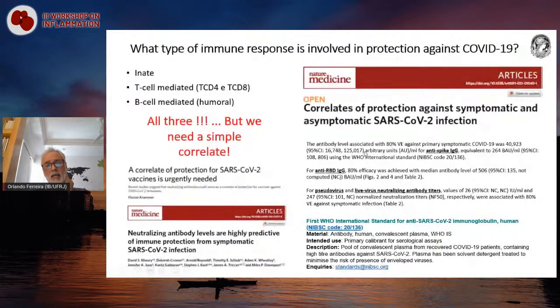And this paper clearly established four correlates of protection based on detection of antibody against the spike, the IgG antibody against spike, IgG antibody against the RBD, which is the receptor binding domain of the spike protein, and 2 other assays, one of them using pseudovirus, and the other the live virus or authentic virus in the format of plaque reduction neutralization test.